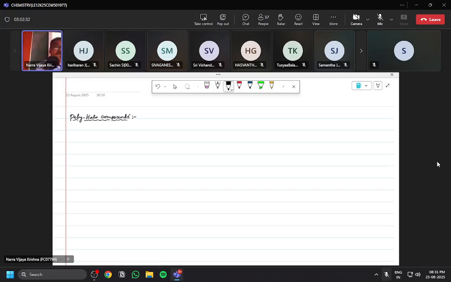Reimer-Tiemann and haloform reaction we will discuss in polyhalo compounds, because carbene is the intermediate. Carbene intermediate is formed from polyhalo derivatives. That's why we will discuss it there. But phenol reacts with what? Chloroform and NaOH. So chloroform is nothing but an alkyl halide, no?